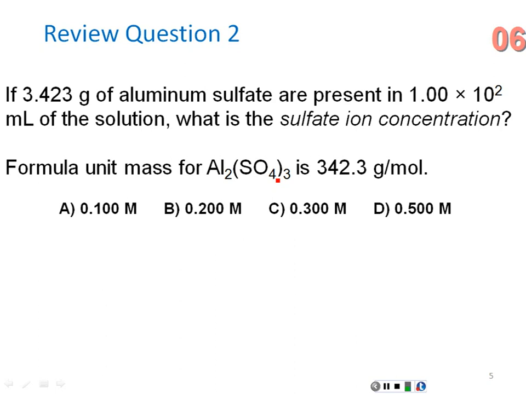Okay. So what is the first step here? We're given a mass of aluminum sulfate, and we want to find a concentration of sulfate ion. So we're given mass. The first step would be to convert it into moles.